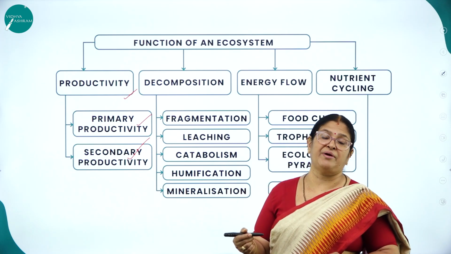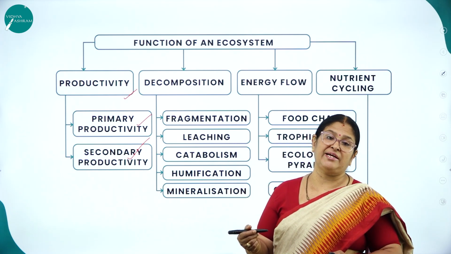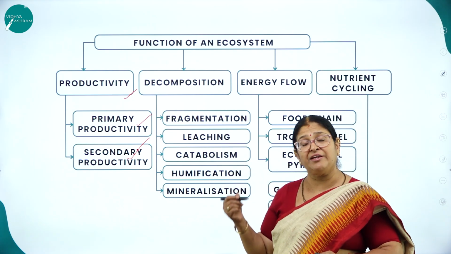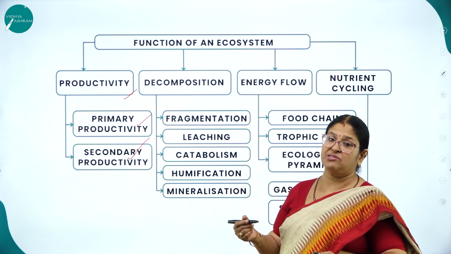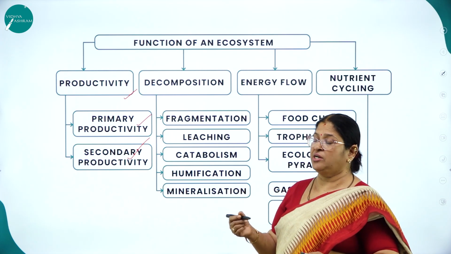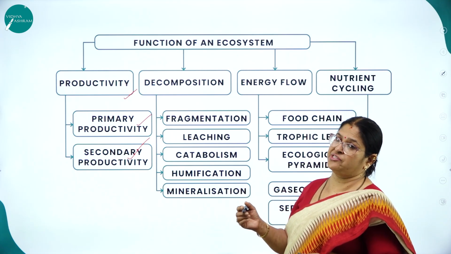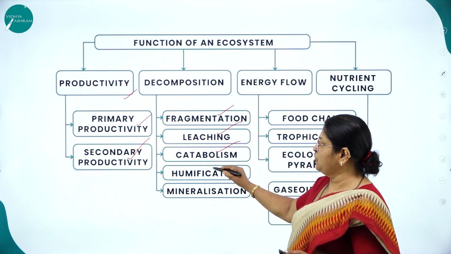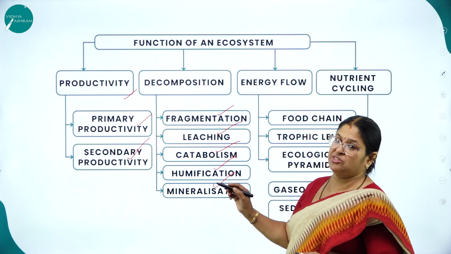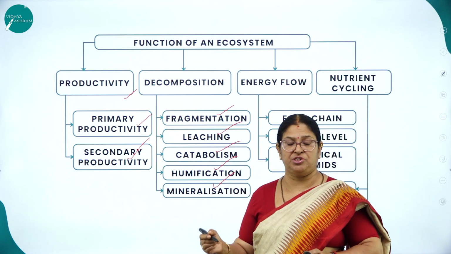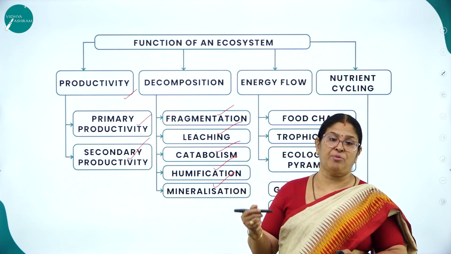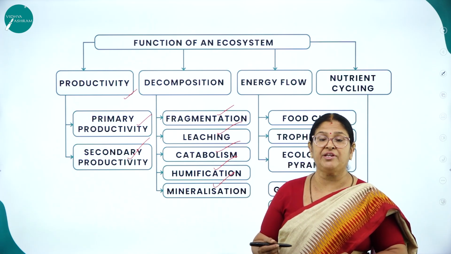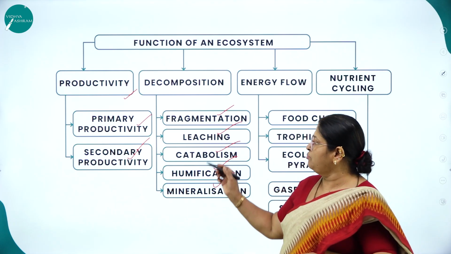The breakdown of organic matter into simpler inorganic components is called decomposition, which is a very important process that is happening in nature and which includes the following steps like fragmentation, leaching, catabolism, humification and mineralization. This particular concept called decomposition, explain the process of decomposition and the steps involved in the process of decomposition is very important from examination point of view.